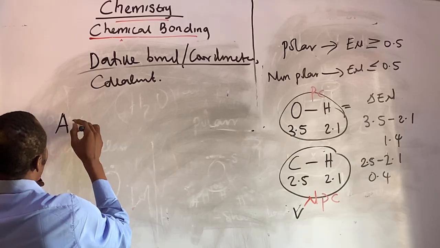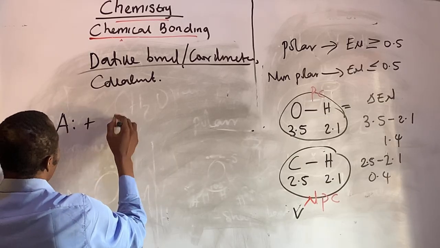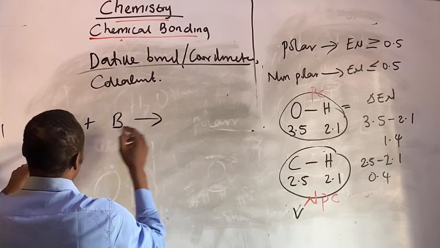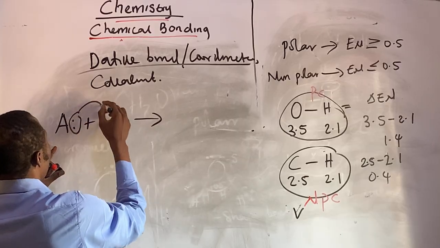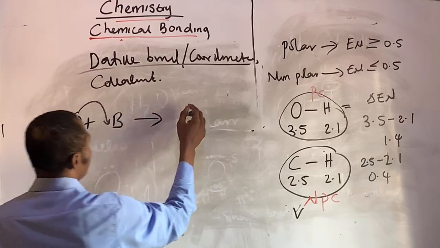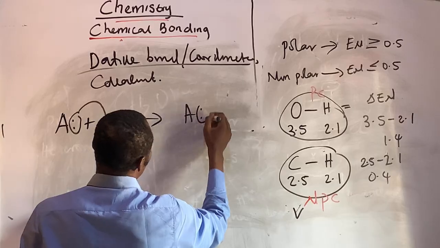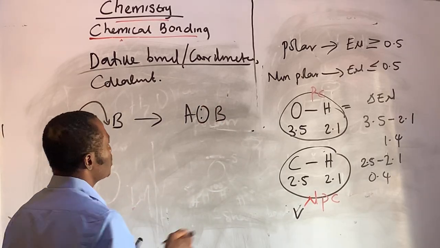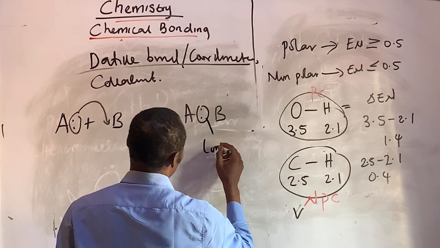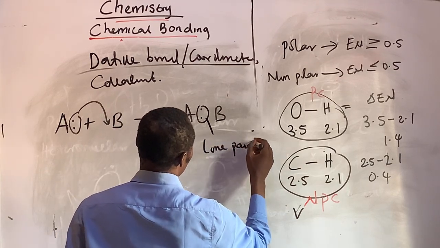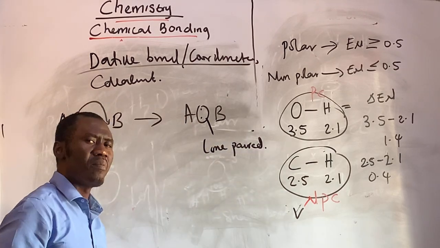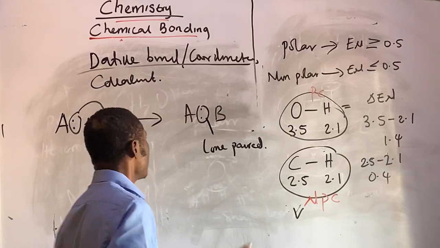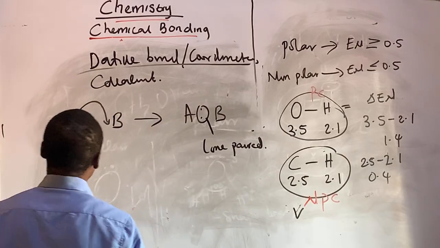There is an electron lone pair, and this lone pair is given to this atom. So the electron cloud between them is not a shared paired electron; it is the lone paired electron.